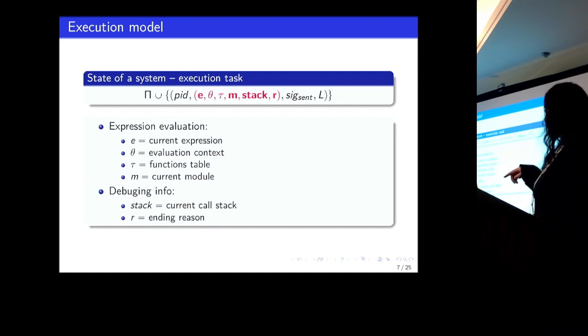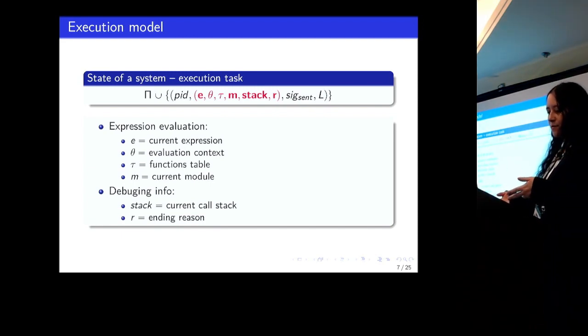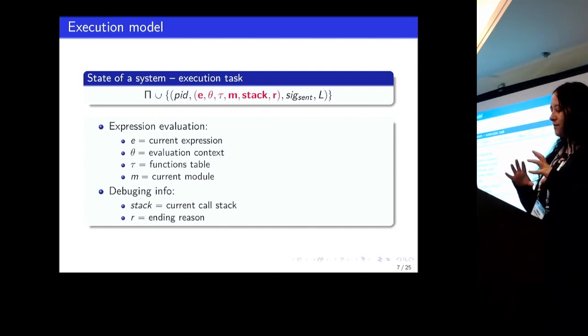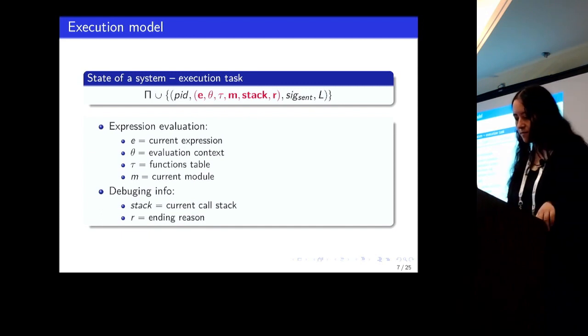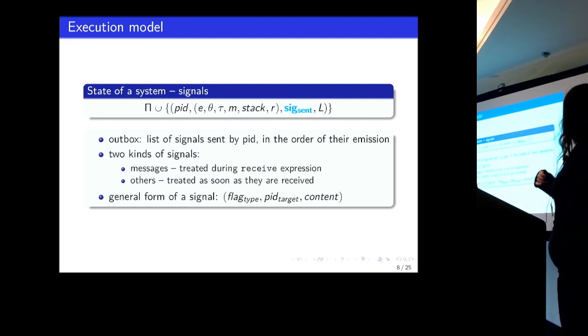Theta is the evaluation context, namely a map of variables and their values. Tau is a function table, and M is the current module. And there are two elements which are dedicated to debugging info: the current call stack, and R, which is where we are storing the reason of the termination of a process.